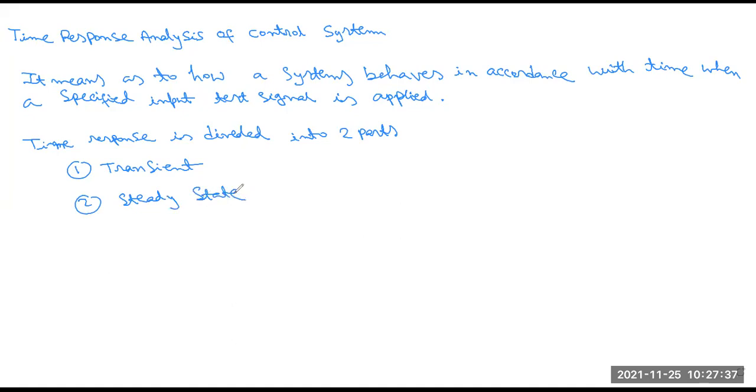Please remember these things. We classify time response analysis into two categories. First one is the transient response, another one is the steady state response.